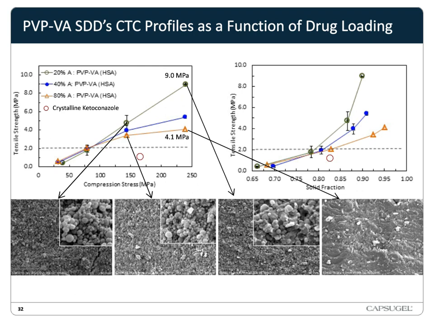And one thing to note is in the 80% SDD at the highest compression pressure, which was 240 megapascals, we see that the compact actually doesn't even look like particles anymore. And really, we're not sure what's going on here, but I can tell you one thing, that's probably not good for dissolution rate.